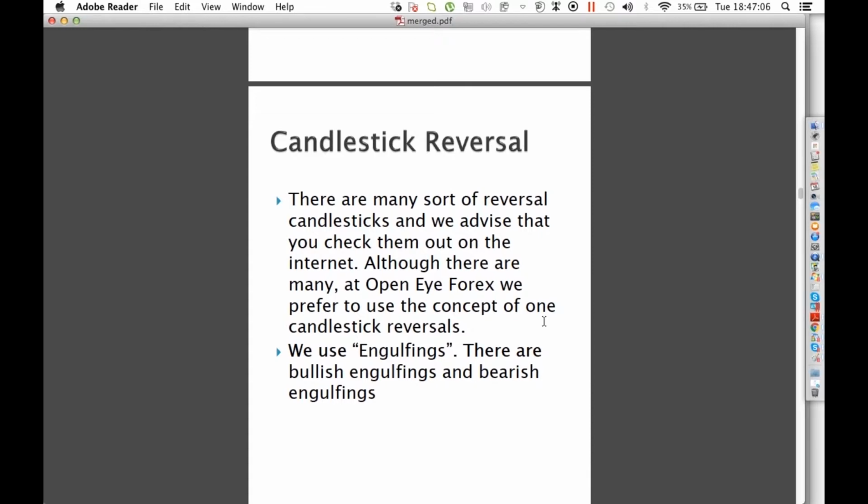Although there are many sort of reversal candlesticks, at OpenEye Forex, we prefer to use the concept of one candlestick. And that concept is an engulfing candlestick. So we use engulfings. And there are bullish engulfings, when buyers had power there, or bearish engulfings where sellers had power there.